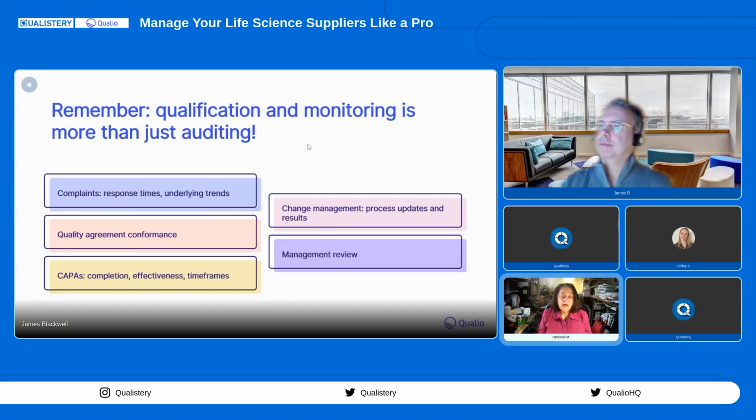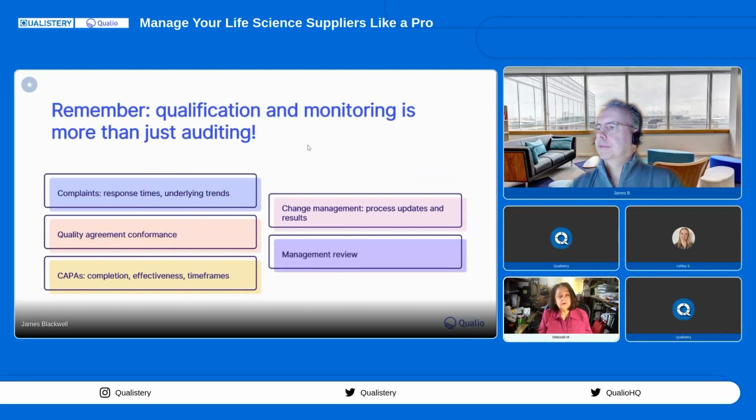So you want to make sure that you have some way of capturing information about your suppliers and vendors throughout the year. And you want to make sure that the stakeholders know to report to whoever's capturing the information when they have a positive or a negative experience.